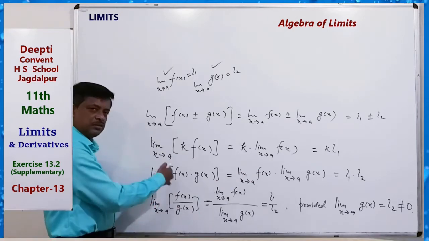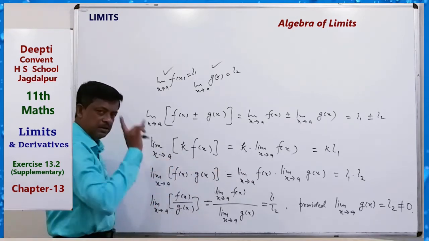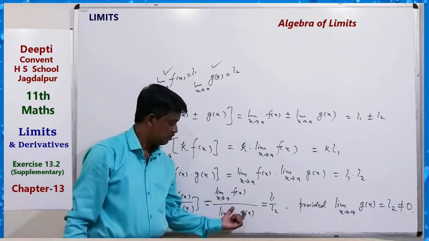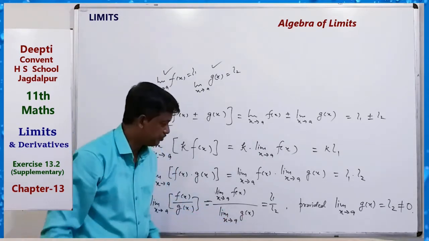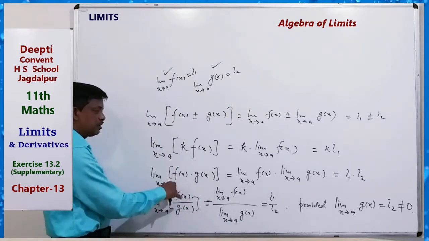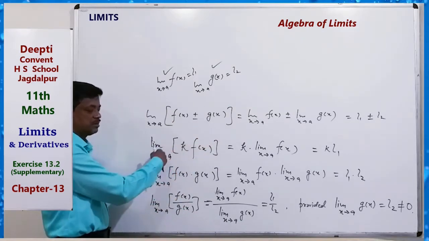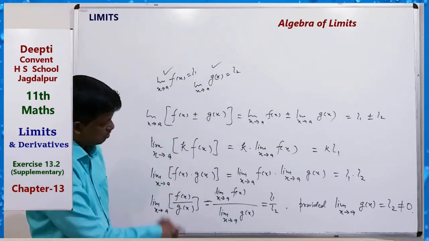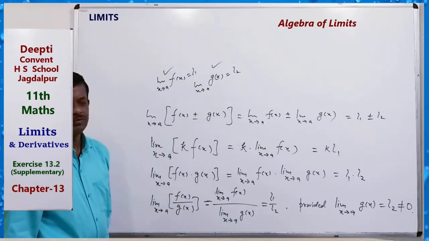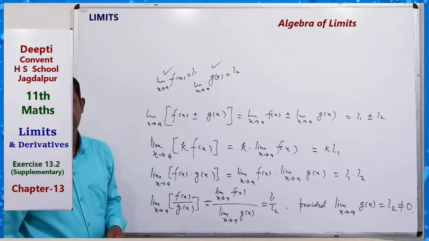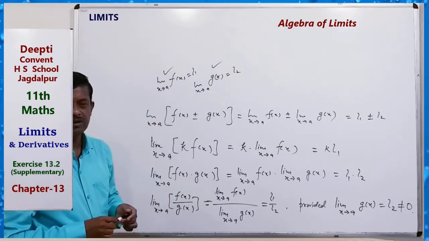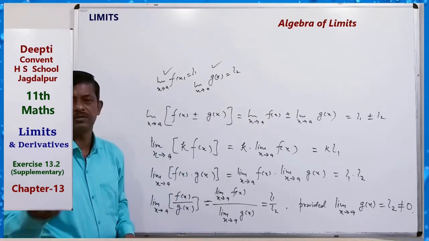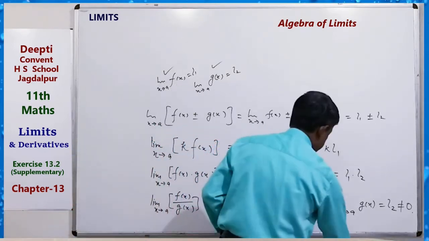So division you can distribute, provided the denominator is not equal to 0, and product distributes. Here the constant is taken outside, and plus and minus distribute. So these are the algebra of limits. We can follow these rules or properties for finding the limit of a given function.